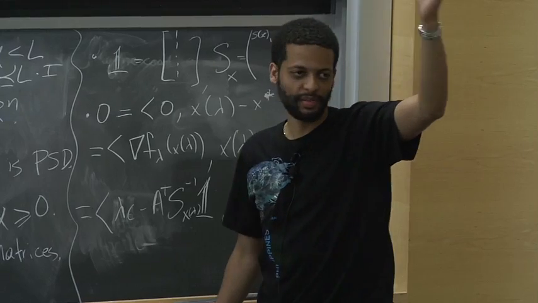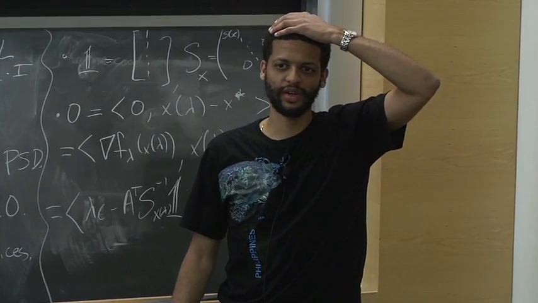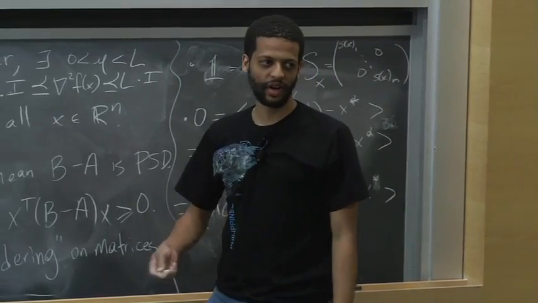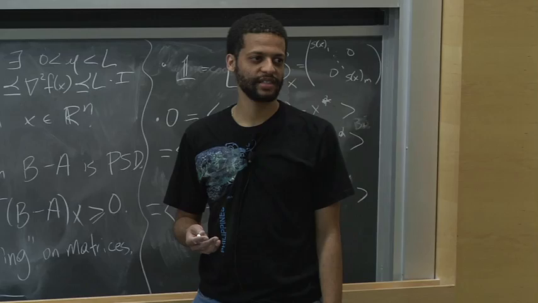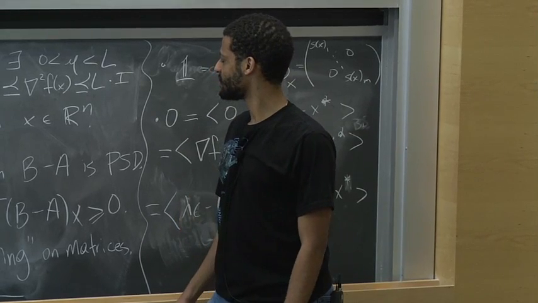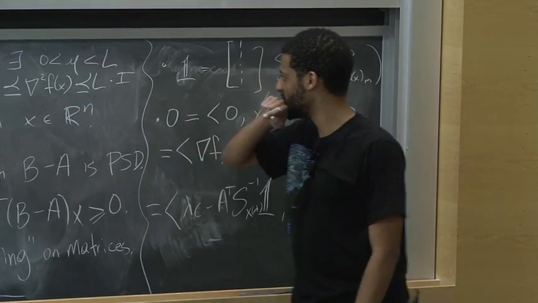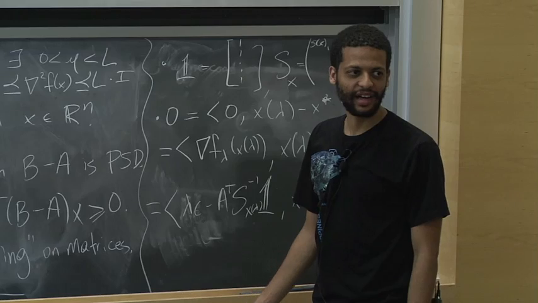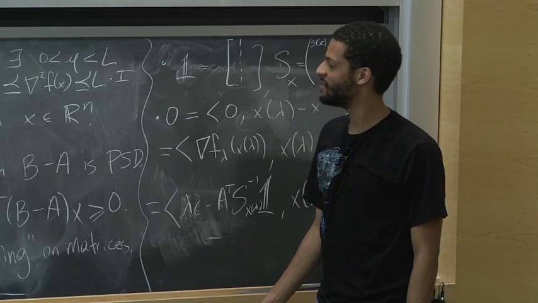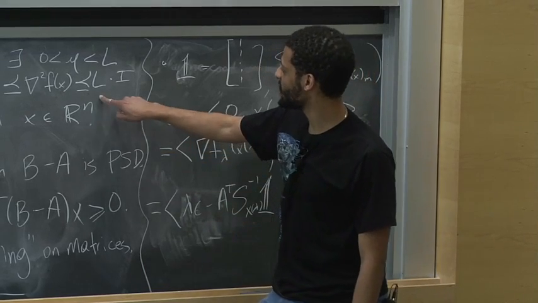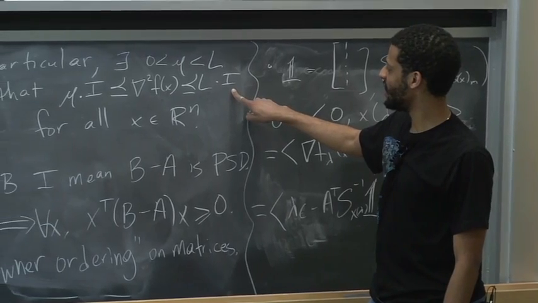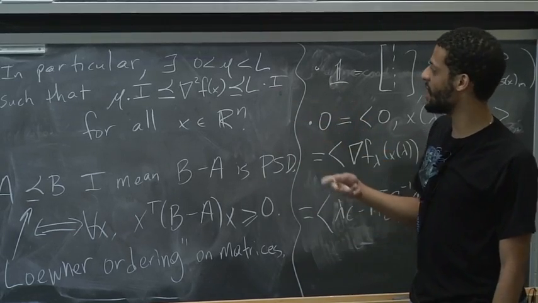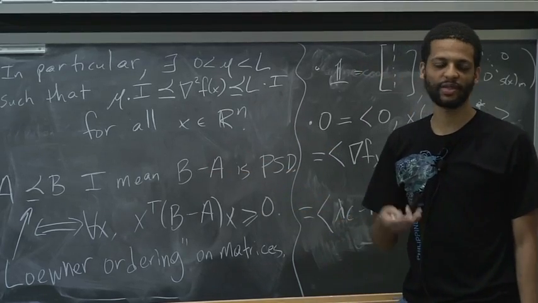But the way you do it is by something called the Rayleigh quotient. The largest eigenvalue is the max over all x of x transpose Ax, where x has unit norm.